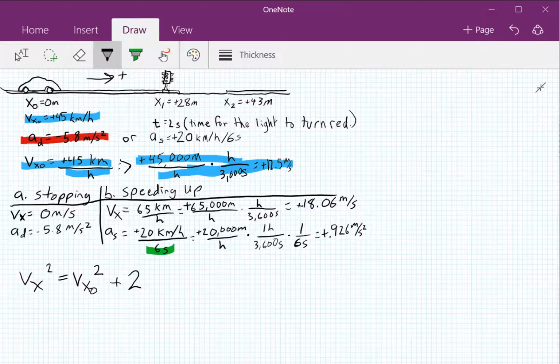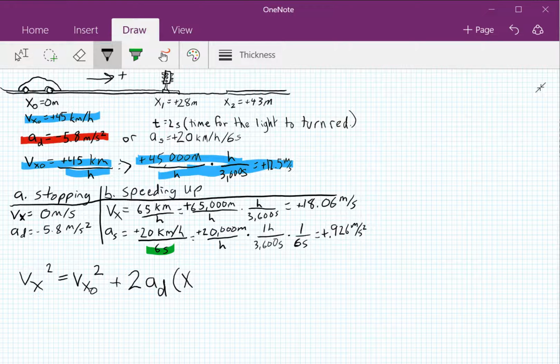Okay, what I want you to do is write a d, because we know we're talking about the deceleration, so it's okay to use that now. Then you have x, and the final in this case is what we're trying to measure.